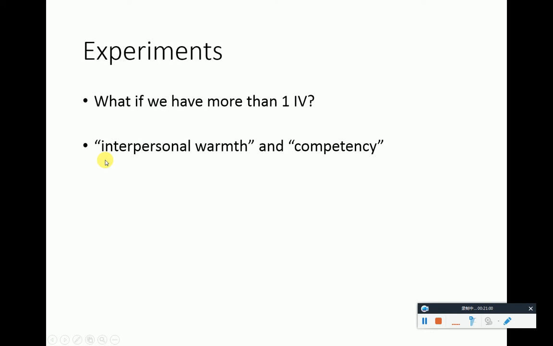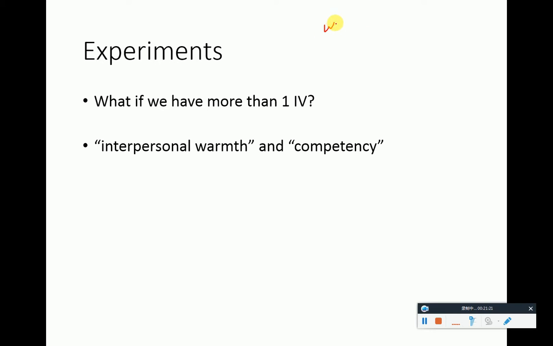The example that we used in yesterday's class is we want to study how people perceive others' friendliness. We said that one experiment we can do is we manipulate the target person's interpersonal warmth, right?